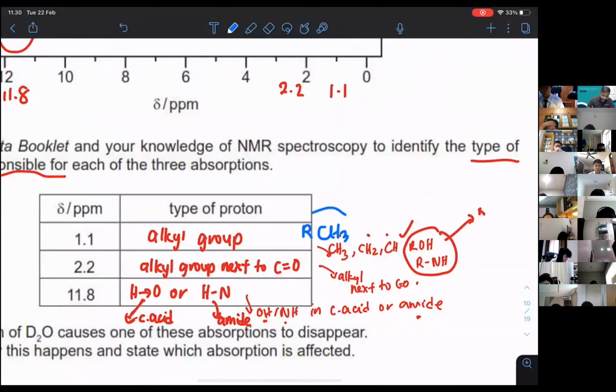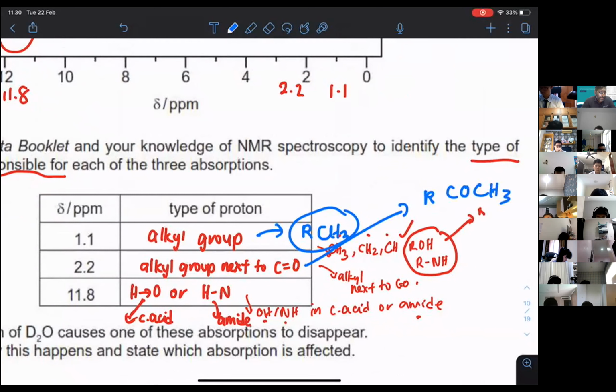RCH3, which is correct. And this one, alkyl group next to CO, the answer given is going to be RCOCH3, correct?